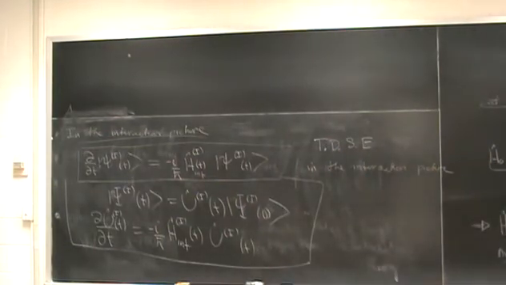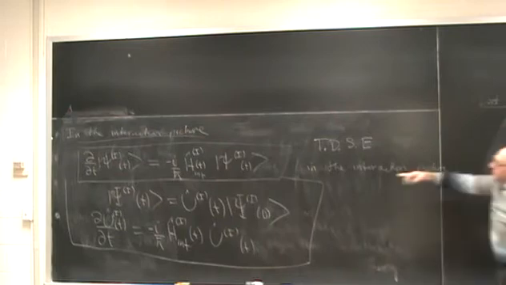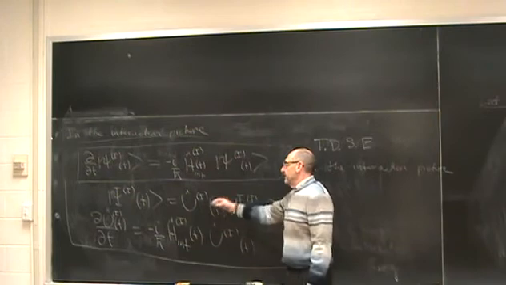So to solve generally now for the solution to the time-dependent Schrödinger equation, we have to solve either this differential equation or find the solution for u and then just apply it.